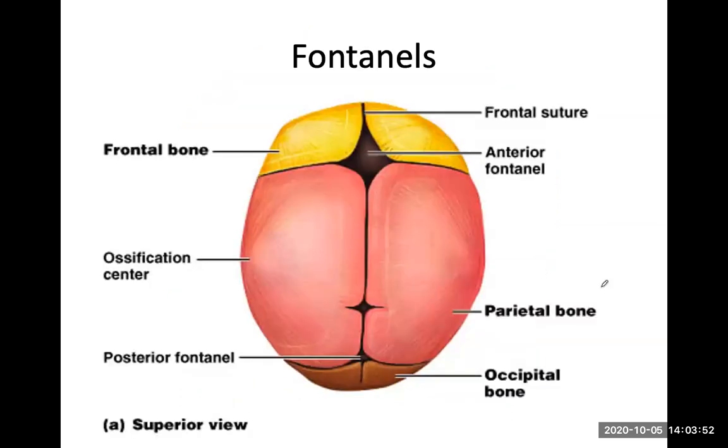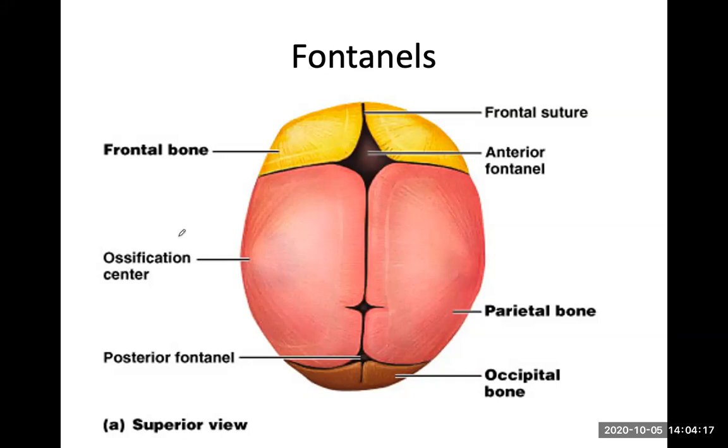Now, when we're looking at the skull of an adult versus the skull of a fetus, there are significant differences in terms of bone development and also some openings. In an adult skull, we don't want to have any openings because the openings imply that the external environment can cause significant damage to the soft tissue of the brain.